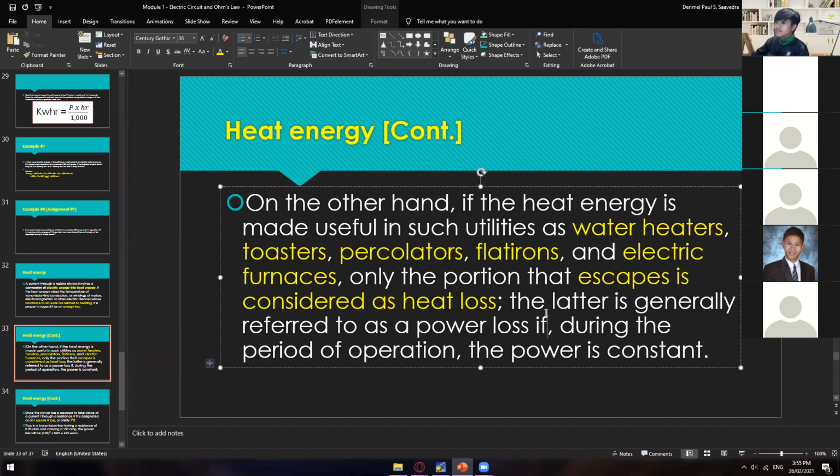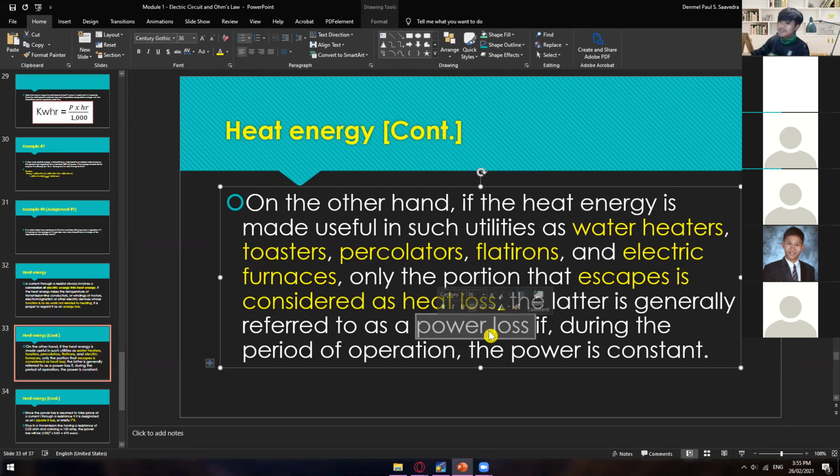So the latter is generally referred to as a power loss if during the period of operation the power is constant. For example, you're using your flat iron, and if you're not using the heat of your flat iron but the power is still constant, that is where power loss is coming from.